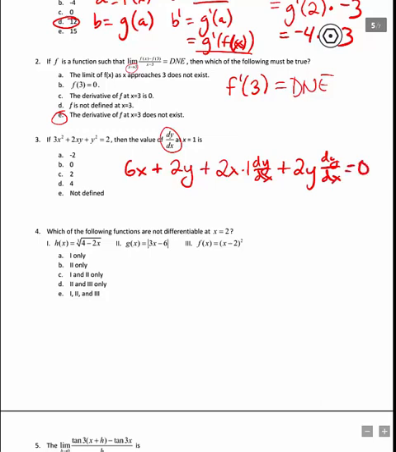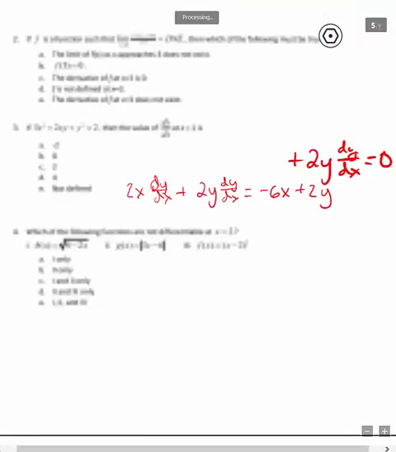Okay, we'll subtract negative 6 plus 2y, so we get 2x dy dx plus 2y dy dx equals negative 6x minus 2y.